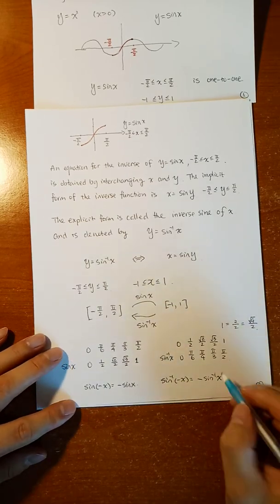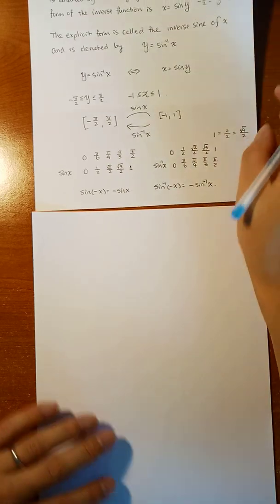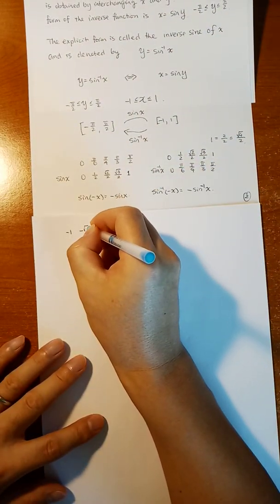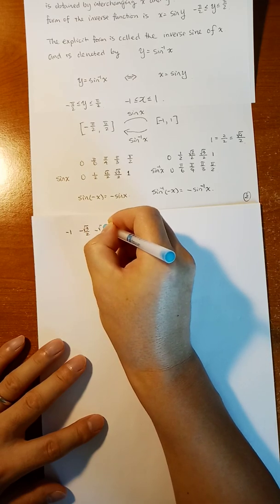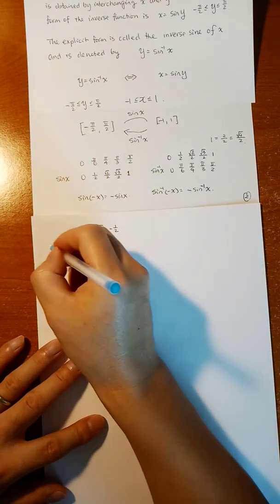So if you get the negatives, for example, negative 1, negative root 3 over 2, negative root 2 over 2, negative 1/2, 0 is already included.